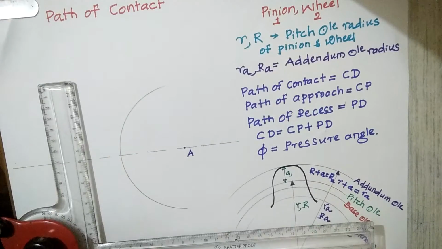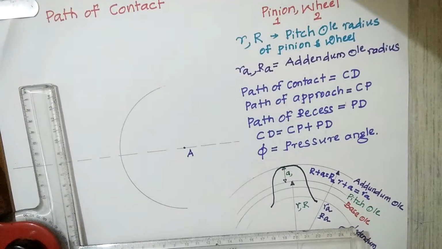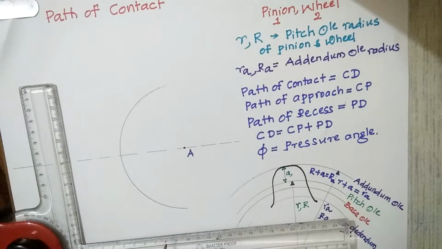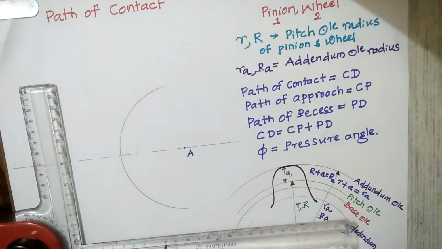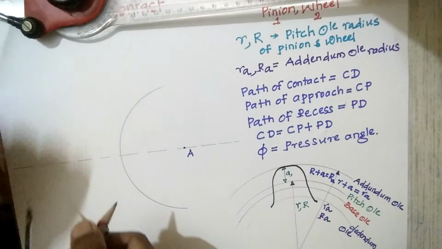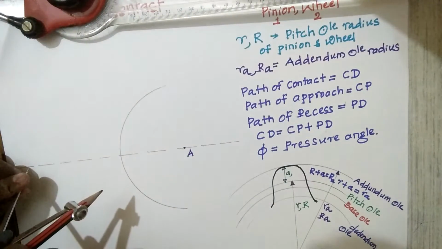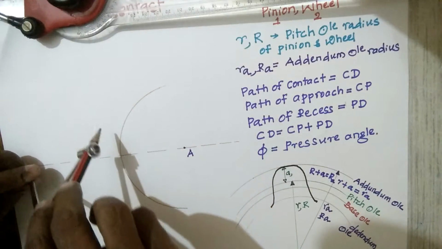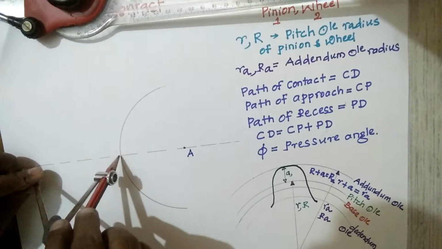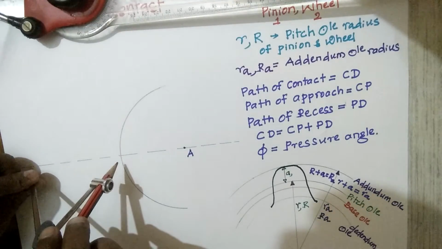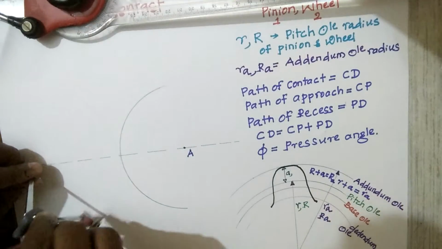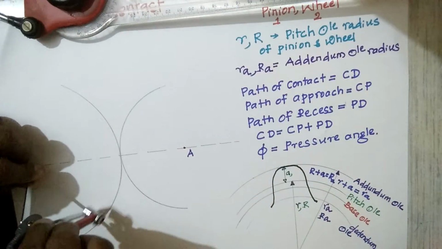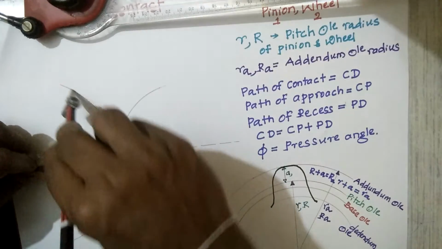Then I will take one more circle for the wheel or the gear. I'll draw the pitch circle of the wheel.